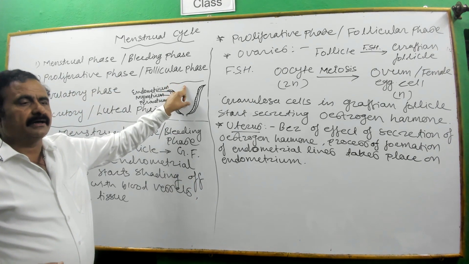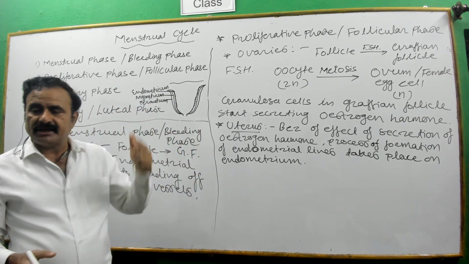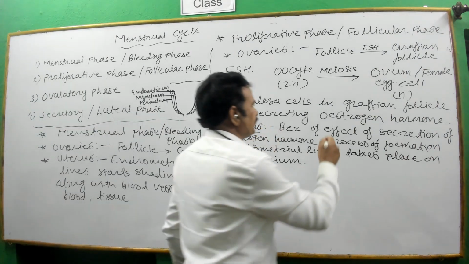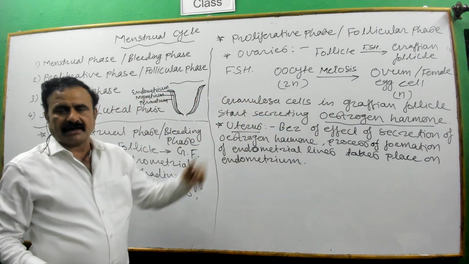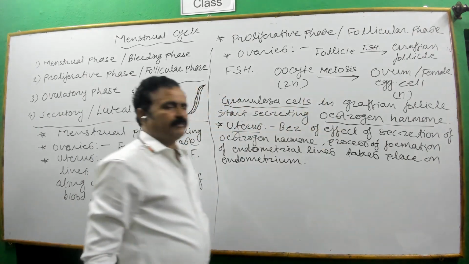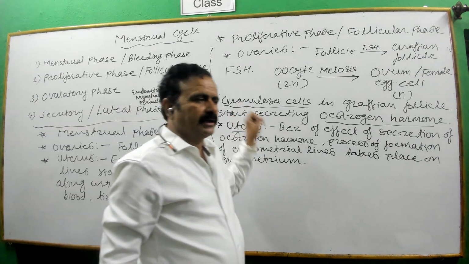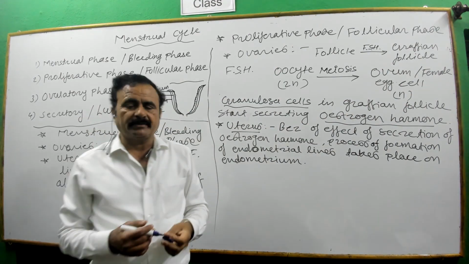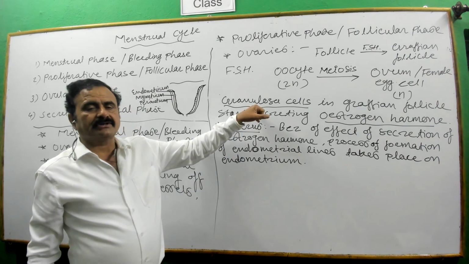The formation of this thin layer along with blood capillaries takes place under the effect of estrogen hormone, and estrogen is secreted by the cells present in the Graafian follicle, called granulosa cells. Which cells are these? Granulosa cells.